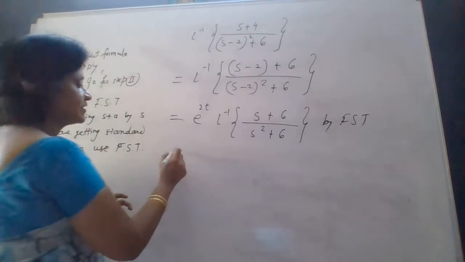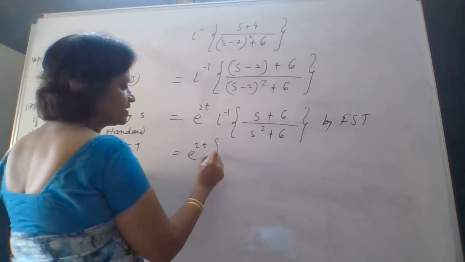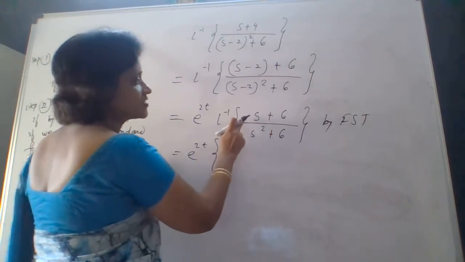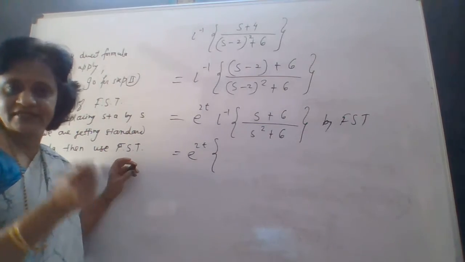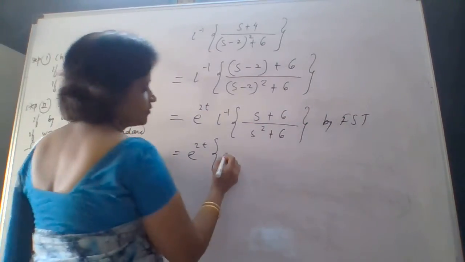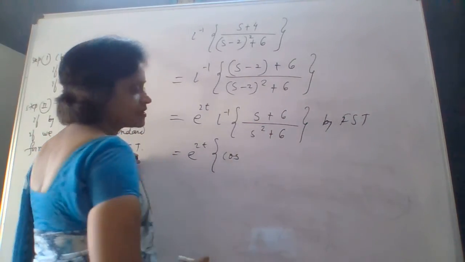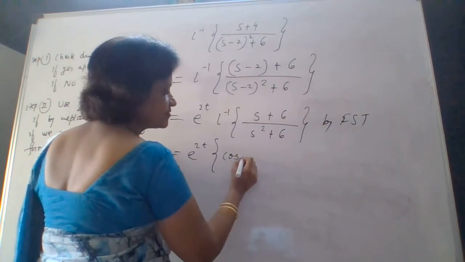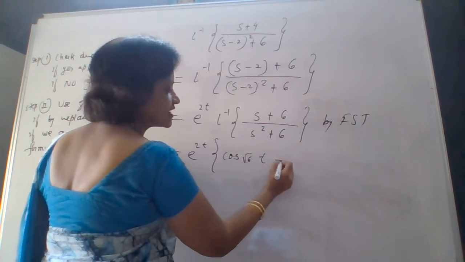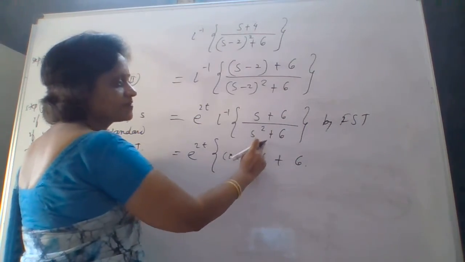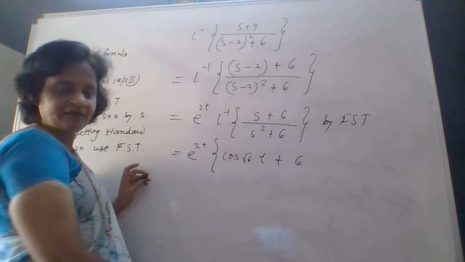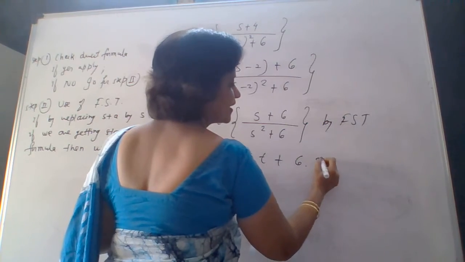We have e raised to 2t into L inverse of s upon s square plus 6. S upon s square plus a square, what is the inverse? Cos at. Here at means it is root 6 t, plus 6 into 1 upon s square plus a square. What was the formula again?